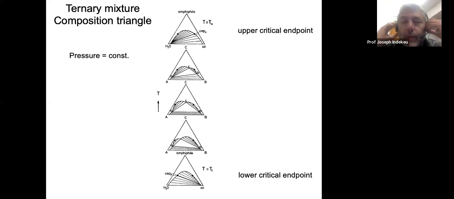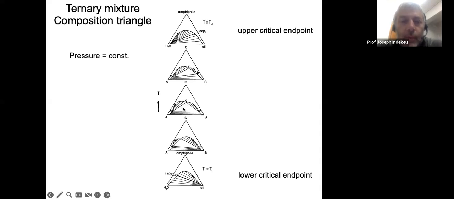So the composition triangle is a representation in which we can draw such a two-dimensional area corresponding to 3-phase coexistence states. And if you look at the picture in the very middle here, which, as all of the pictures here, is at constant pressure, say ambient pressure, but the pictures differ because temperatures varied. But at some particular temperature and pressure, we can draw an area of 3-phase coexistence states.